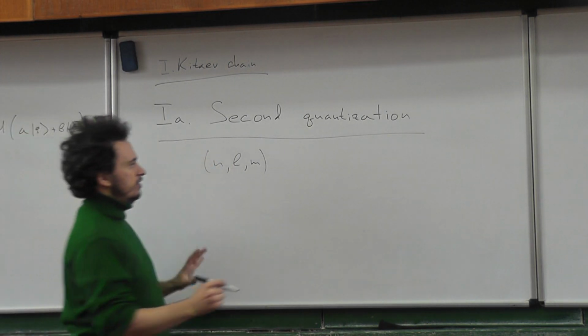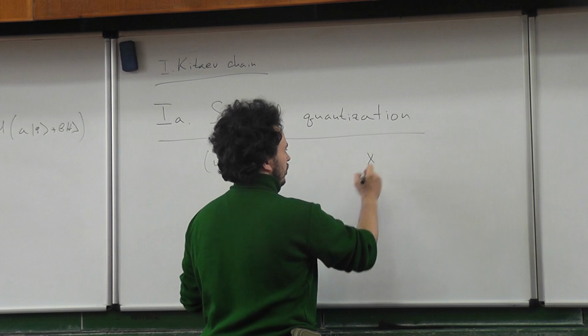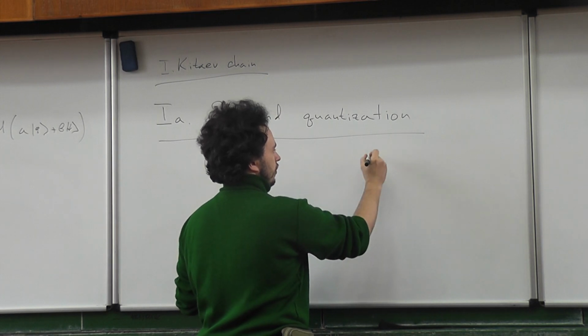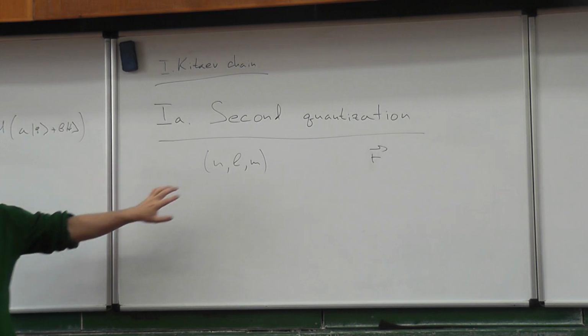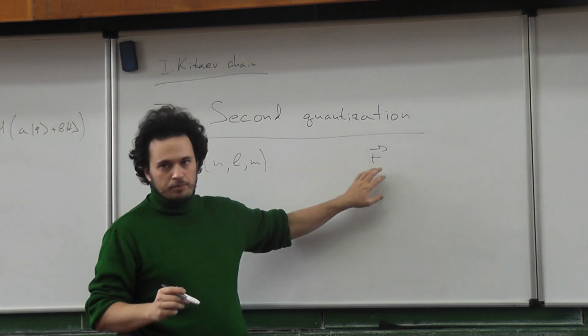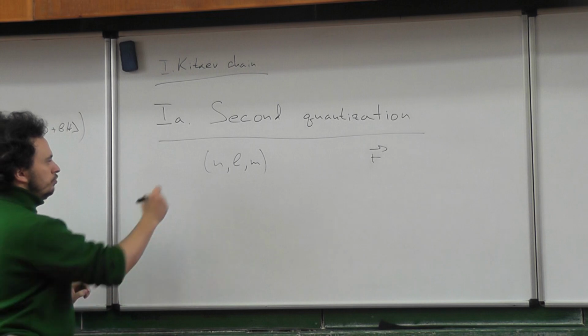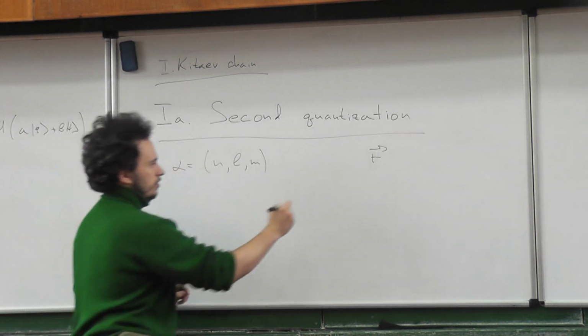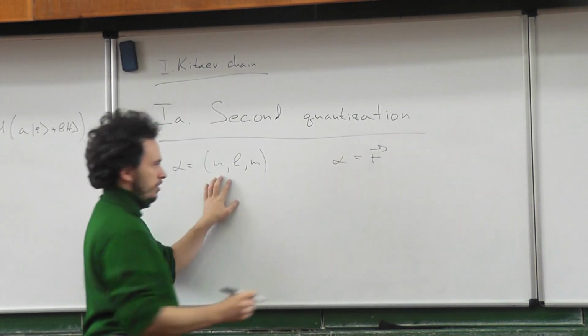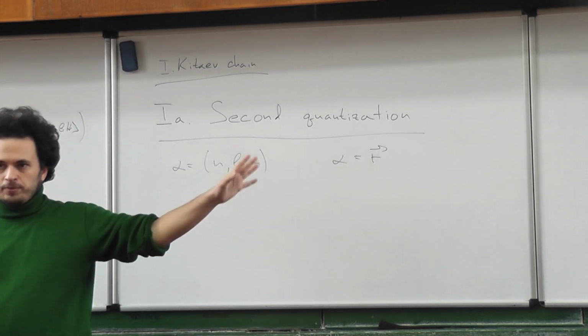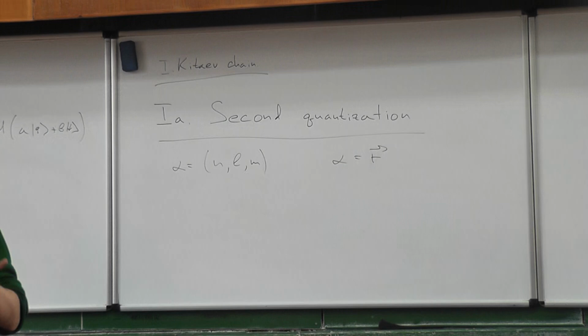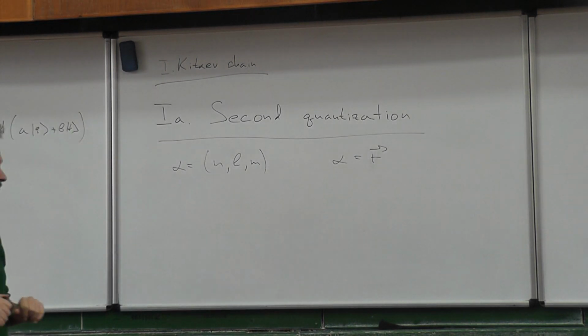If I have a free particle, this can be its coordinate or even the set of 3 coordinates. Whatever are the quantum numbers that parameterize my system, I'm going to denote them alpha. It can be this, it can be that. Whatever is the complete set of quantum numbers parameterizing orbitals in my system is alpha.